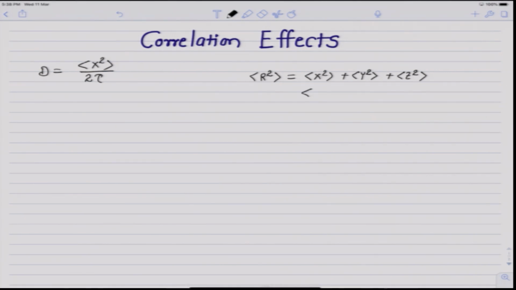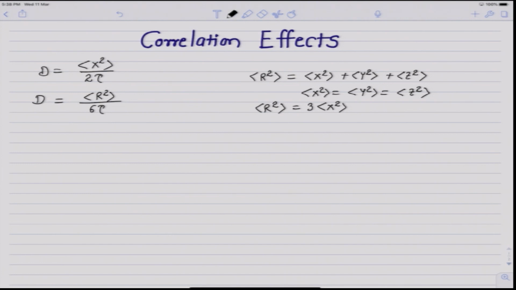So, obviously, we have average of x square equal to average of y square equal to average of z square, and so we can write average of r square, that is the mean square displacement, as 3 times average of x square. So, if we substitute in this equation, we get mean square displacement over 6 tau as the diffusivity.